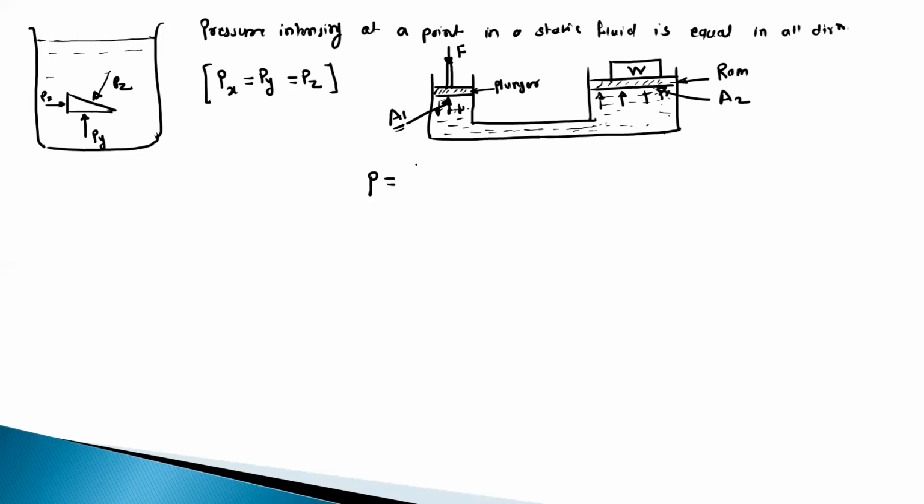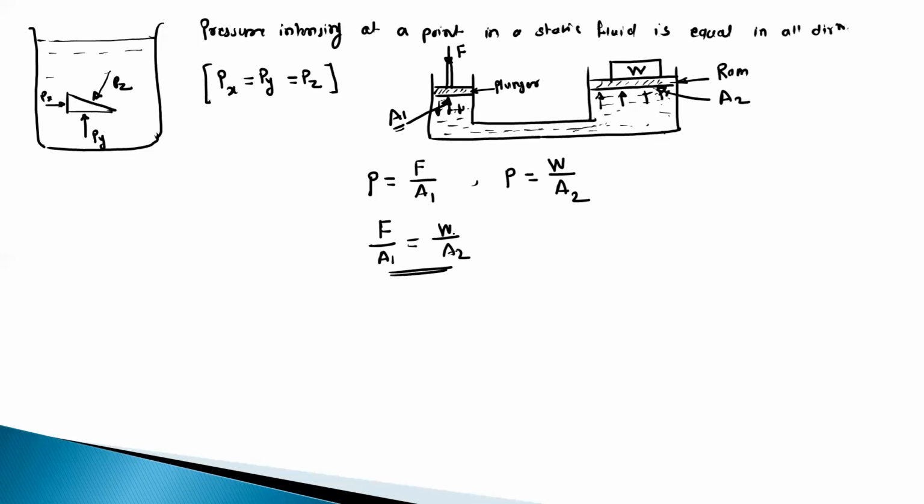Pressure is equal to the force upon the area of the plunger, F upon A1, and at this point the pressure on the ram is equal to the force, that is nothing but the dead weight W, upon the area of the ram, which is A2. Okay. So according to Pascal's law, in the static fluid, pressure remains constant. So we can write the equation F upon A1 is equal to W upon A2.